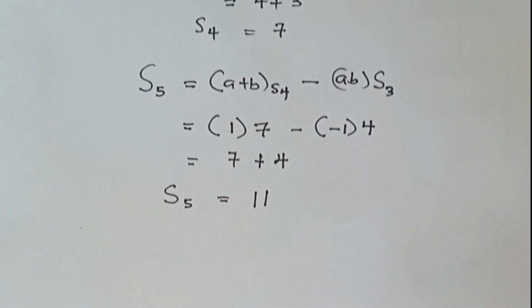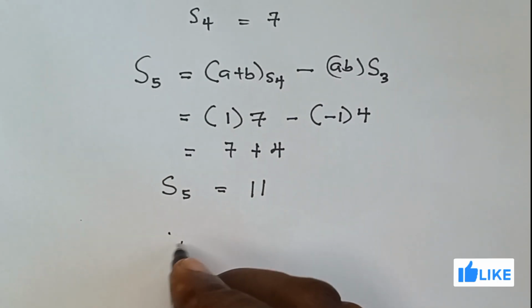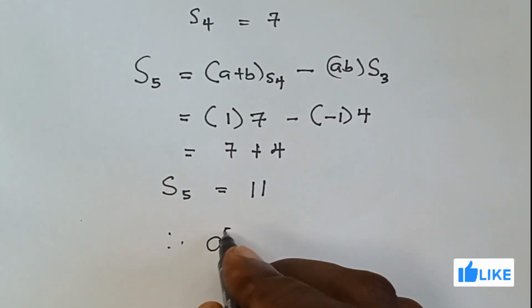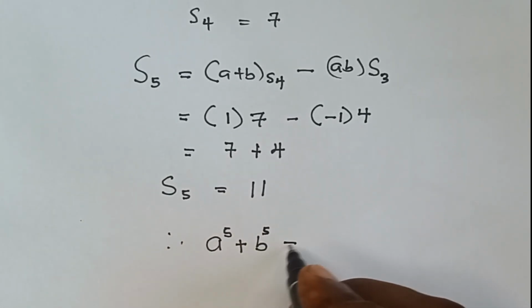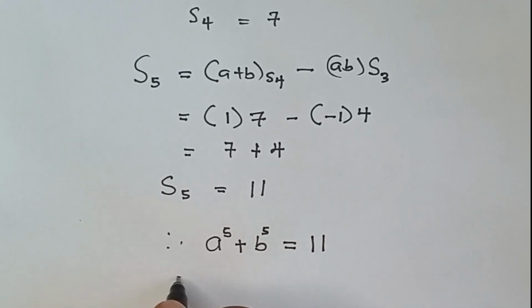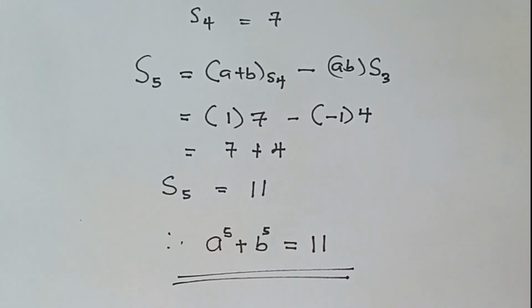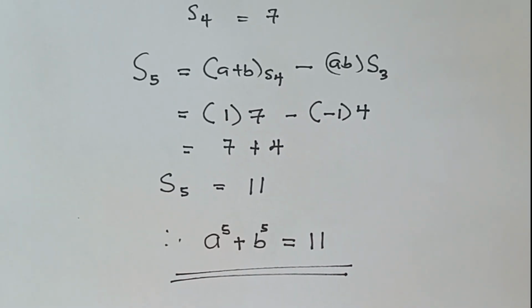Therefore, A raised to the power 5 plus B raised to the power 5 equals to 11. This is our final answer. I think this is the easiest and the fastest way to find A raised to the power 5 plus B raised to the power 5, which is 11.